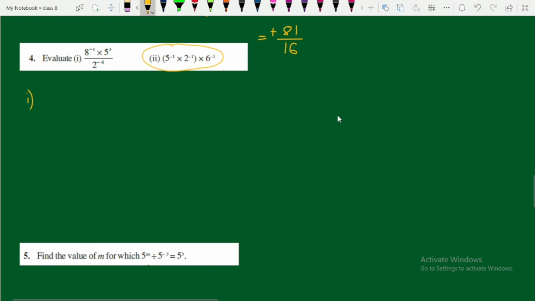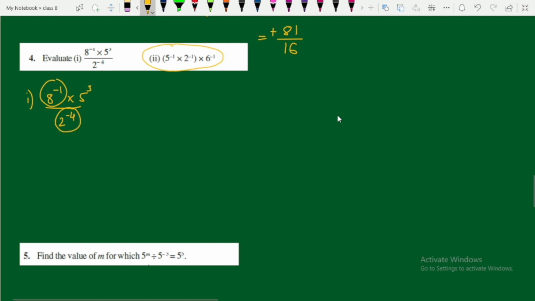So the first one is 8 raised to minus 1 into 5 raised to, I hope it is, 3. Yes, there is a mistake in the question: 2 raised to minus 4. So how do we simplify this question? We will convert the negative powers into positive exponents, for example 8 raised to minus 1 and 2 raised to minus 4, by reciprocating the number.